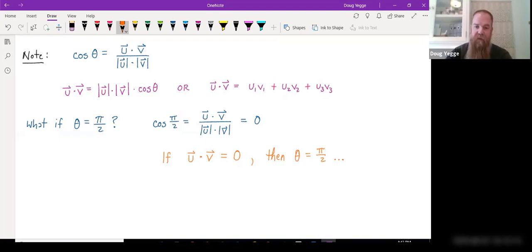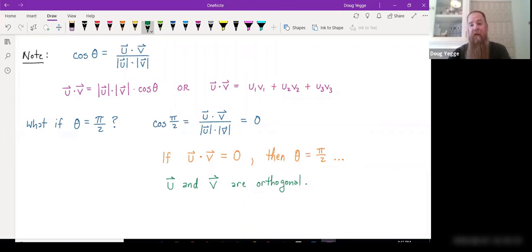It tells us that u and v are considered orthogonal vectors. Orthogonal means nothing more than just perpendicular. Orthogonal is the word for perpendicular when we're referring to vectors. Okay? So u and v are orthogonal.